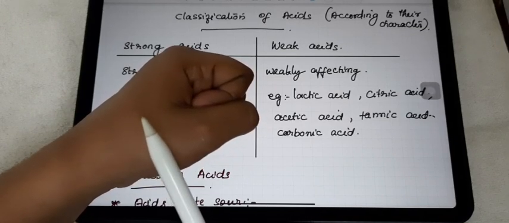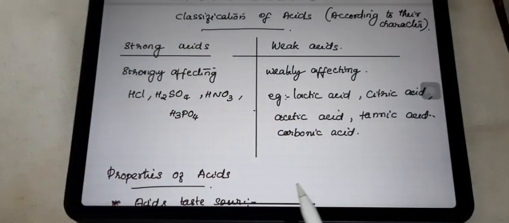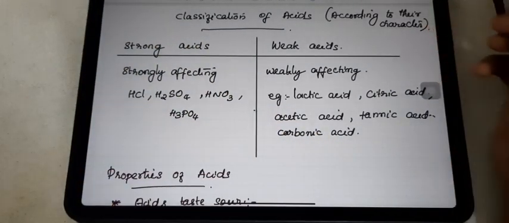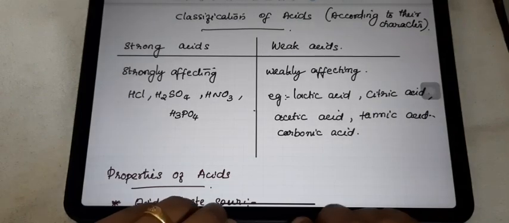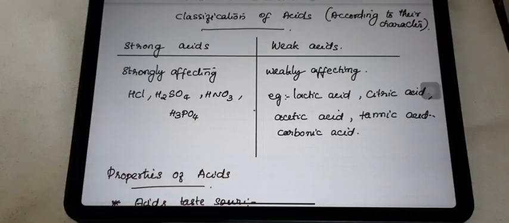That means it is a harmful acid. Why is it harmful? Because it is considered a strong one. The strong acids are HCl, H2SO4, HNO3 and H3PO4.